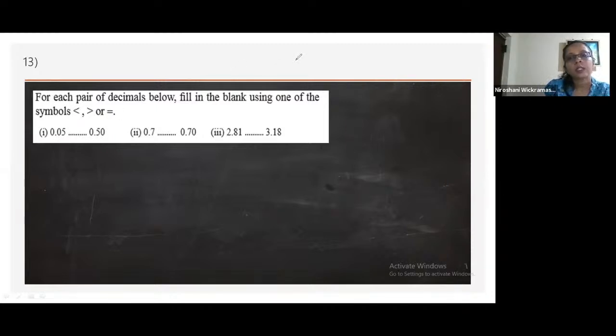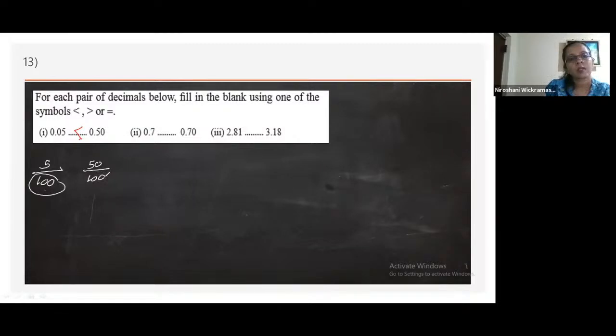So this one is greater. Even you can decide like this. 5 over, with 2 decimal places, means below the line 100. Here also 100. 50 over 100.